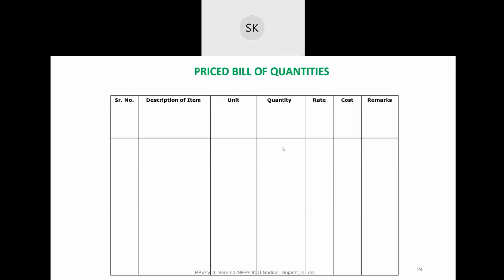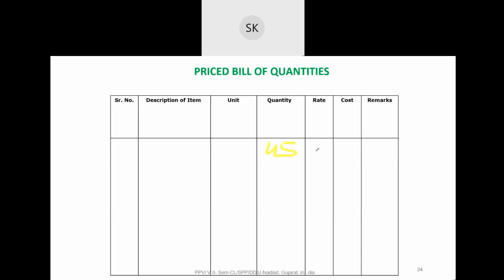Suppose you have 45 cement bags and the rate of one bag is 700. So 45 into 700. The unit could be kg or meter cube, in which the cost is mentioned; that will depend on this unit.